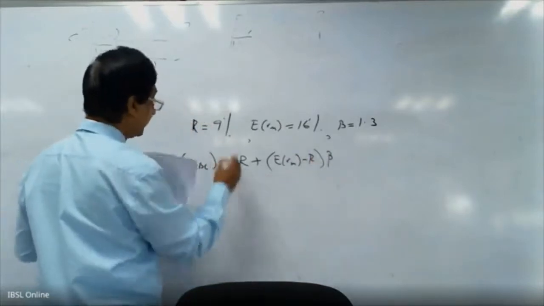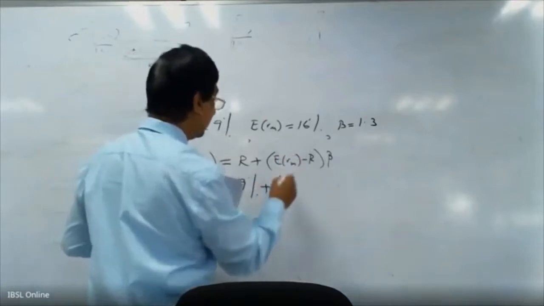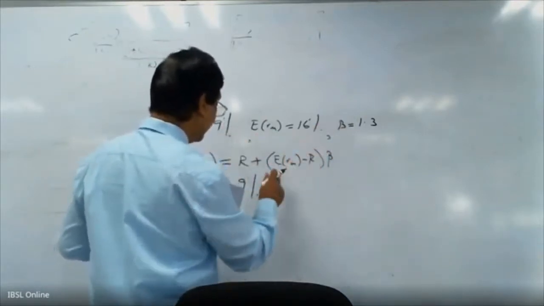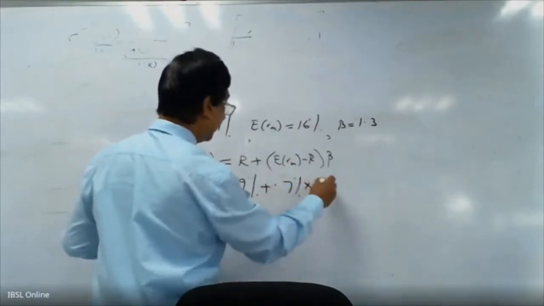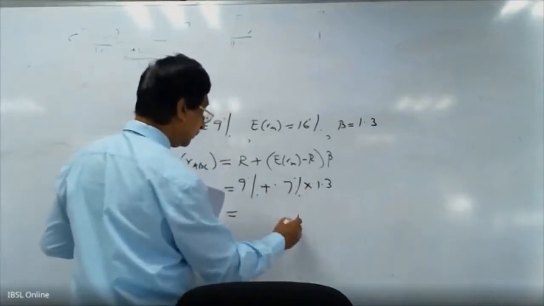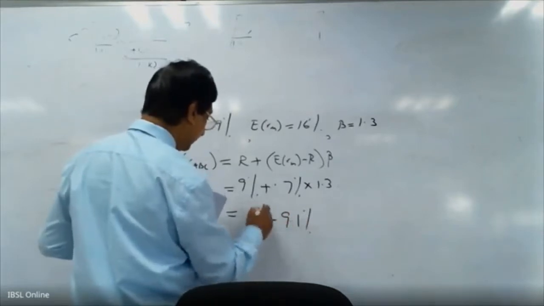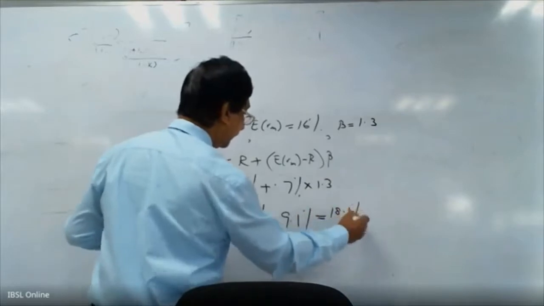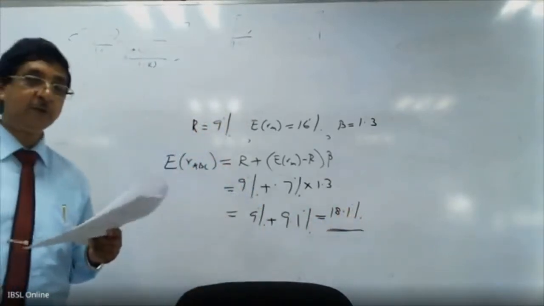So, R is 9%, ERM is 16%, R is 9%, 16 minus 9 is 7%. 7% into 1.3. This gives us the answer 9.1% plus 9%, that is 18.1. So this is the required rate of return for ABC, 18.1.